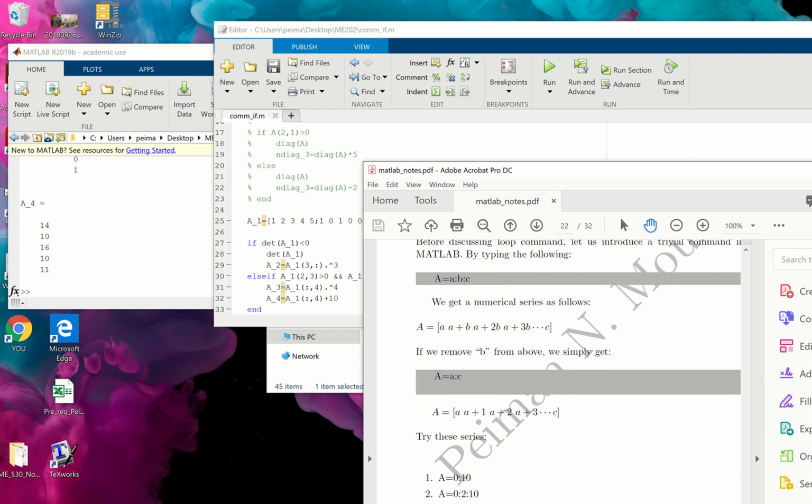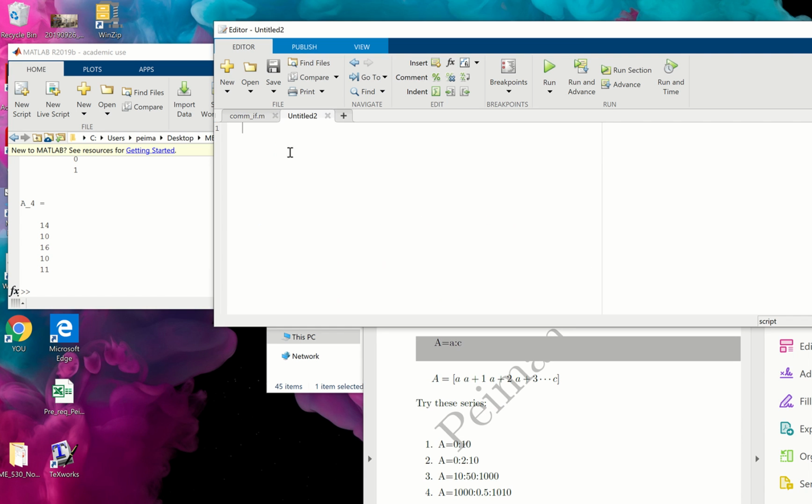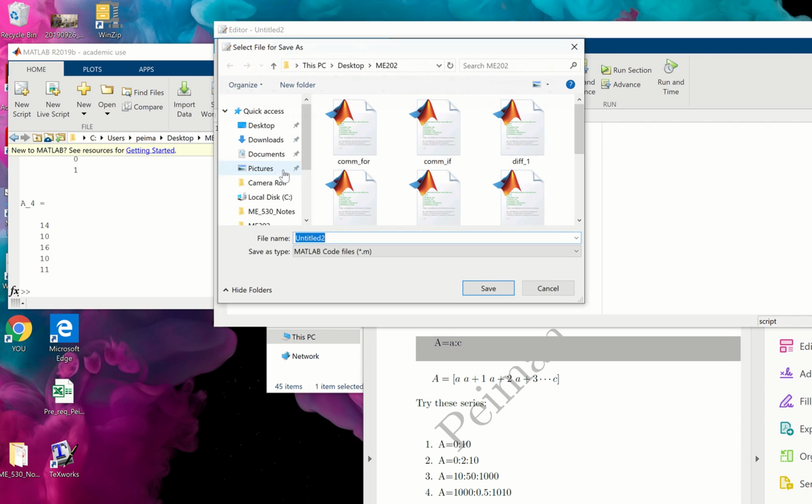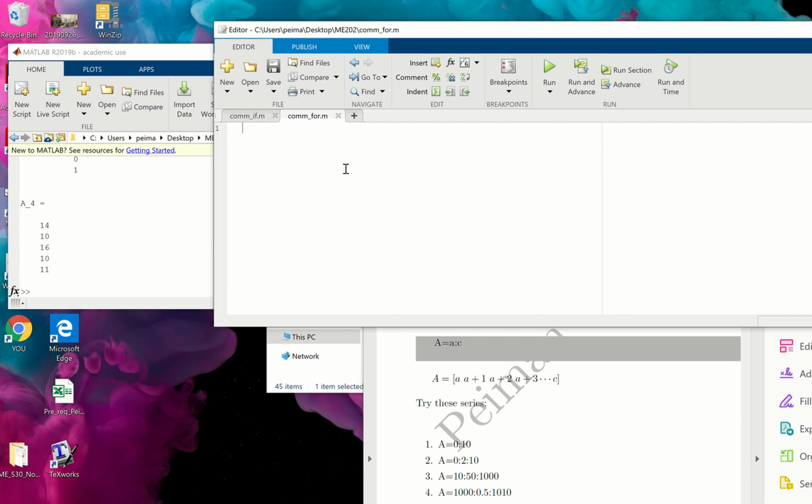So now let us try these series together. I'm going to first save it as comment 4. Then again, CLC means clear the workspace. Also, we have another command in Matlab, guys, that you need when you are a professional code developer: clear all.